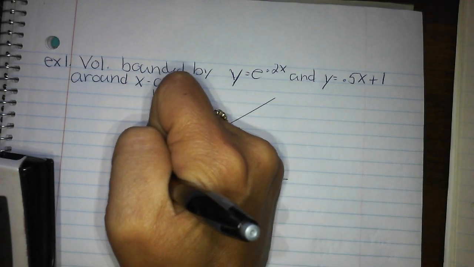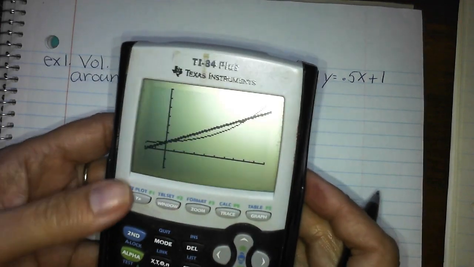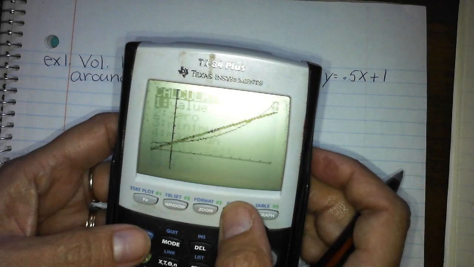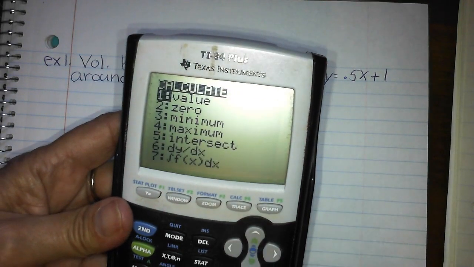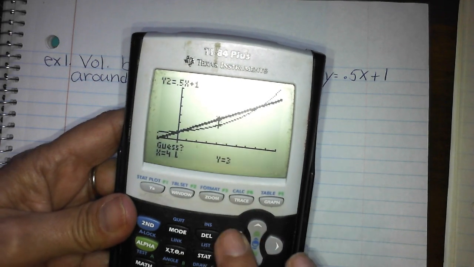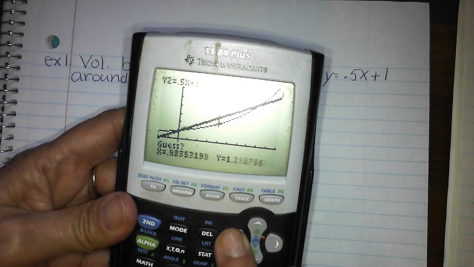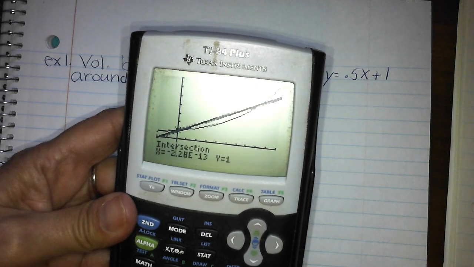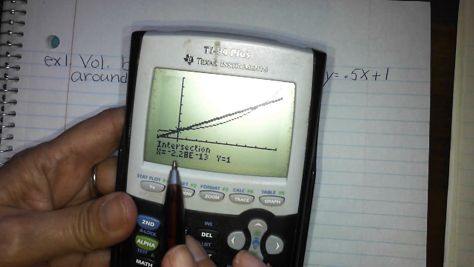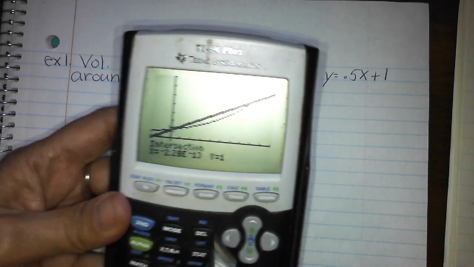And then the intersection, we'll find that intersection here first. Second, calc, I don't know if that's on the y-axis or not. I can't tell. Enter, enter, and we're going to come back here. Oh, negative 2.2 times 10 to the negative 13th. That's essentially 0. So 0, 1 is that intersection.